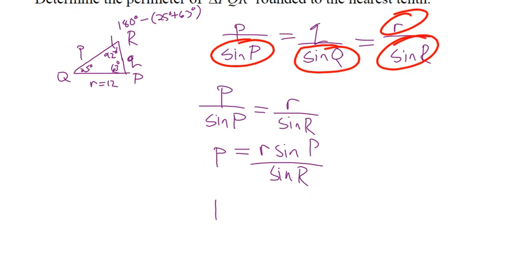So little p is 12 sine of angle P, 63, over sine 92 degrees. So what is little p, to the nearest tenth with units?